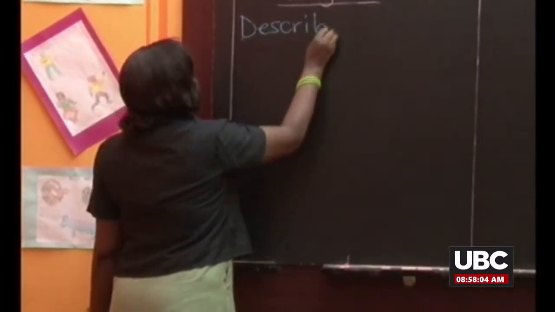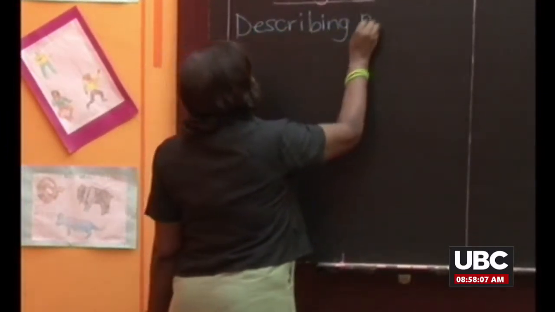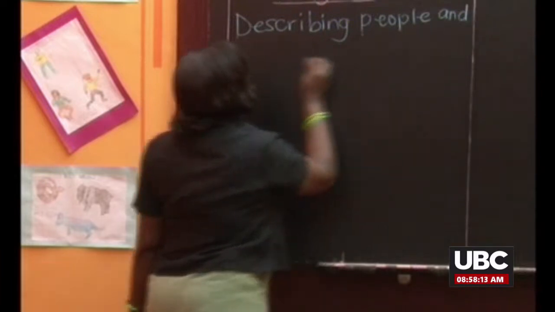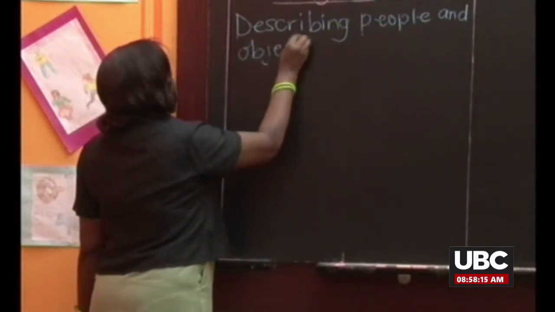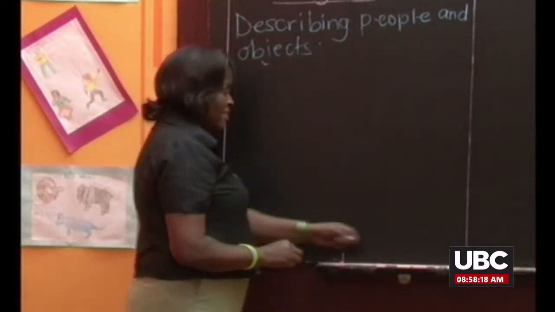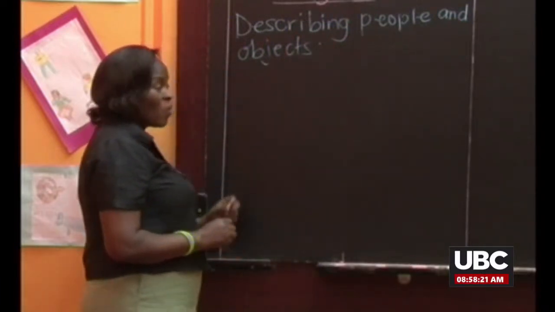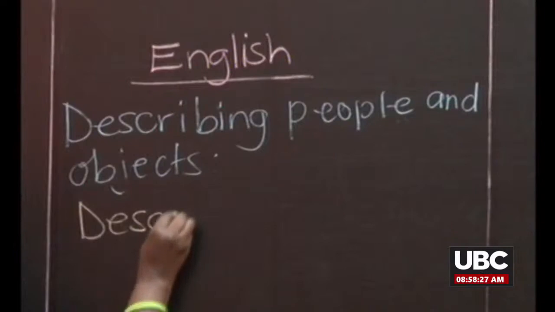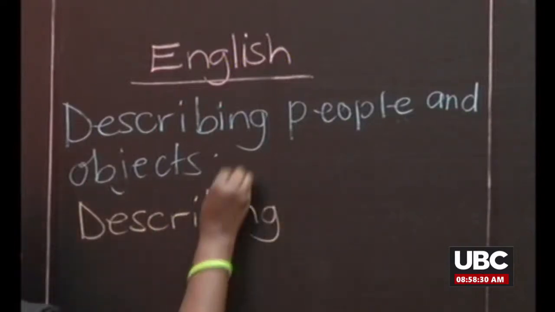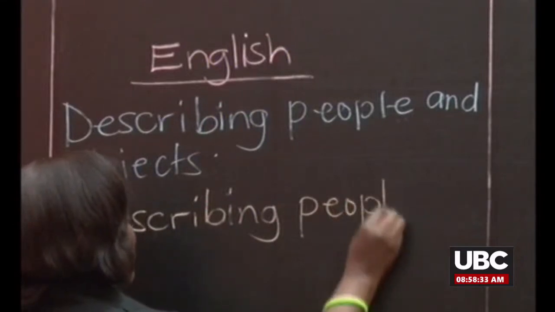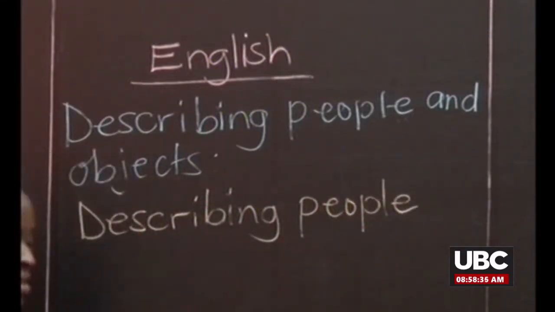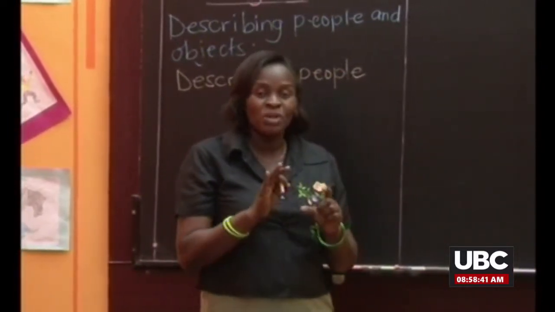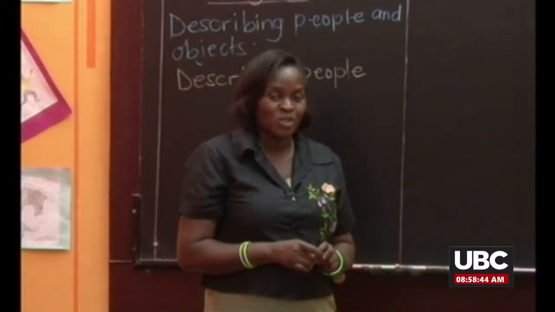So this is our topic, describing people and objects. As I said, in particular, we are looking at the words we use to describe people. As I've reminded you, in our previous lesson we looked at those particular words which we use to describe people.